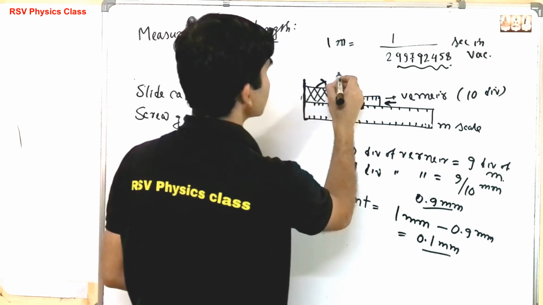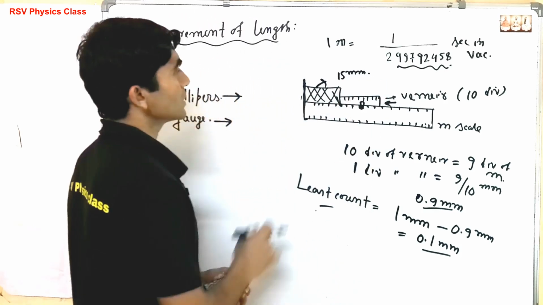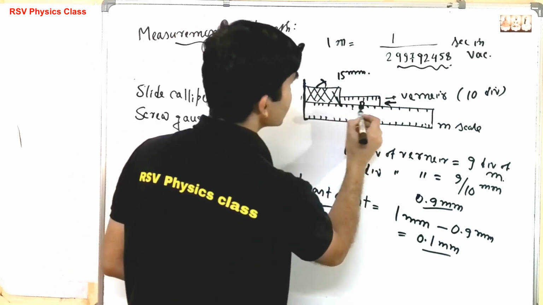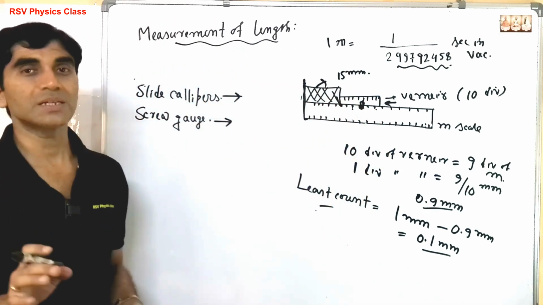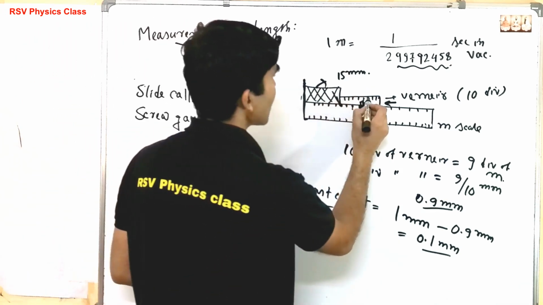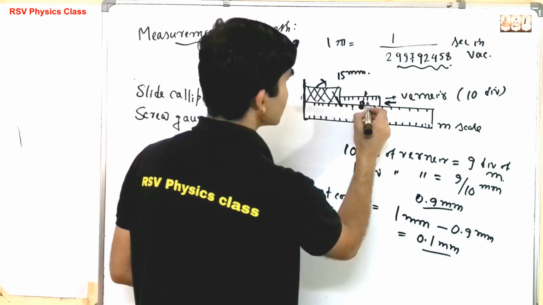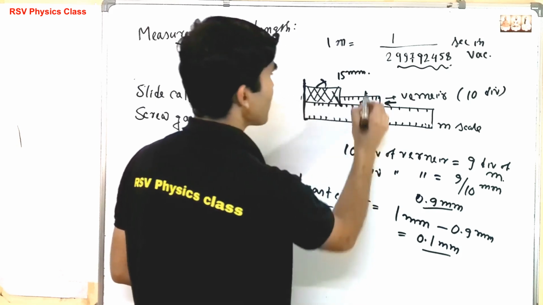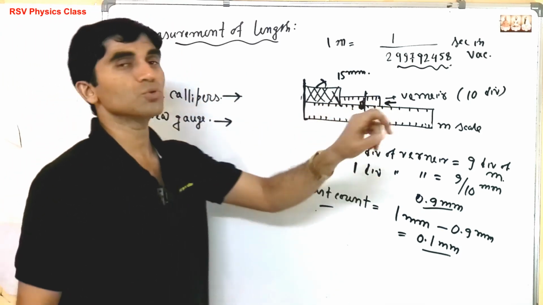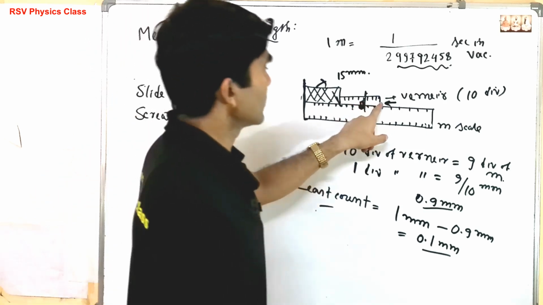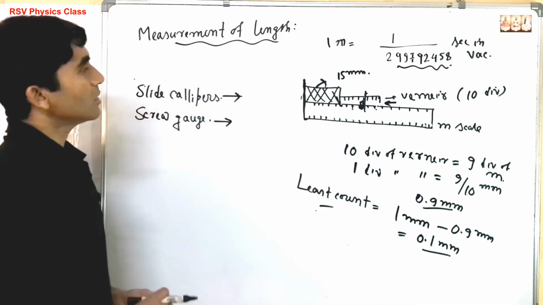So just see where it is. Let's see, this is your 15 mm. Then you have to see where the main scale reading and the vernier scale reading are matching. Okay, so at 7, 1 2 3 4 5 6 7, at the 7th position this scale is matching. It is not always 7; it may be 1, 2, 3, up to 10.